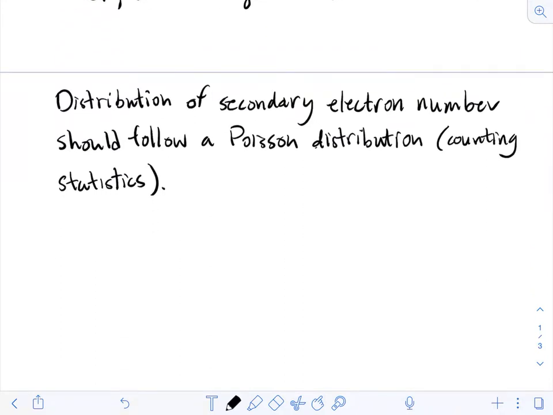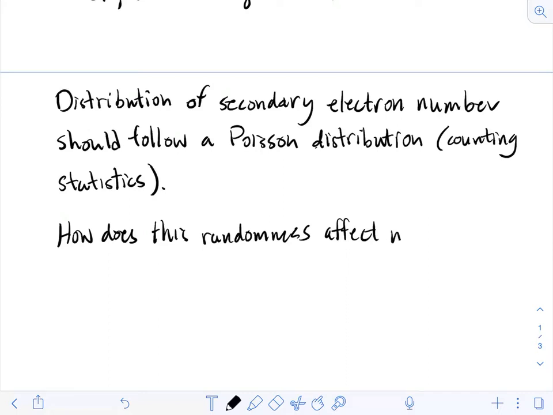And so the question is then, how does this randomness affect the number of electrons collected at the anode?